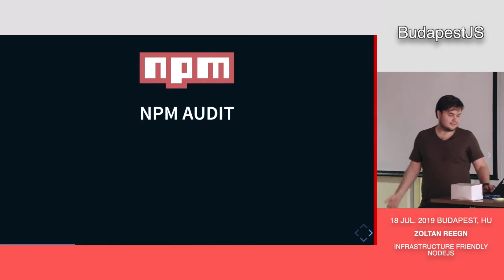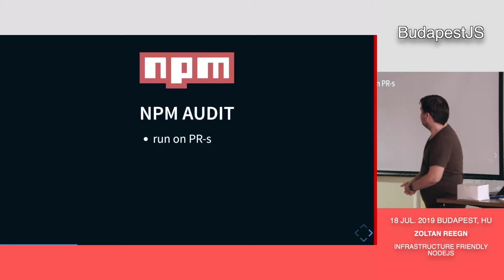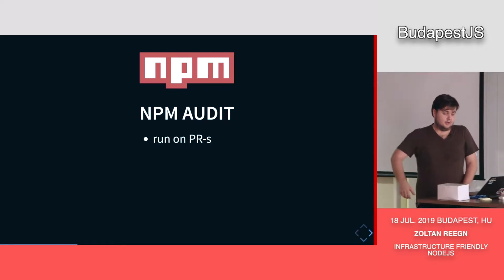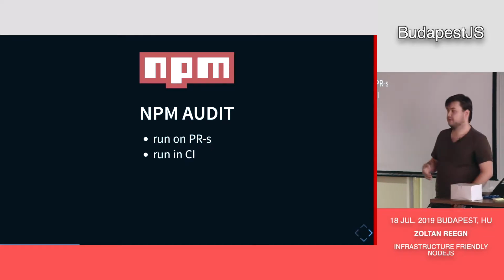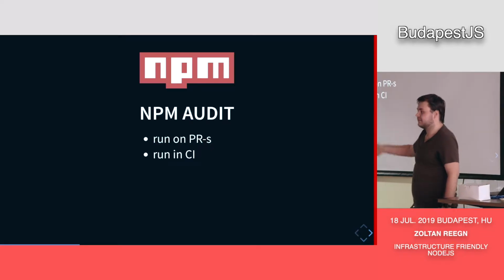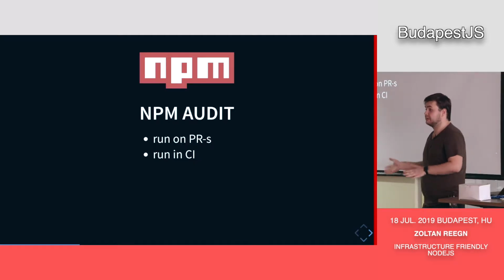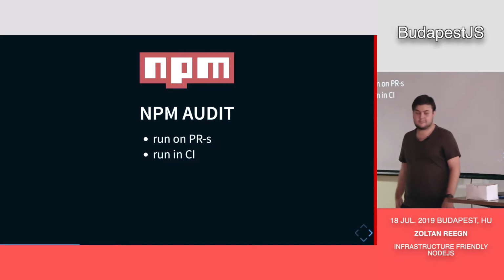Prevent known security issues from entering your code base. This means you need to run npm audit on pull requests. And also you need to run that on your CI if you have a regular CI build next to pull requests. That's a good practice, not just to build pull requests, but also your master branch.